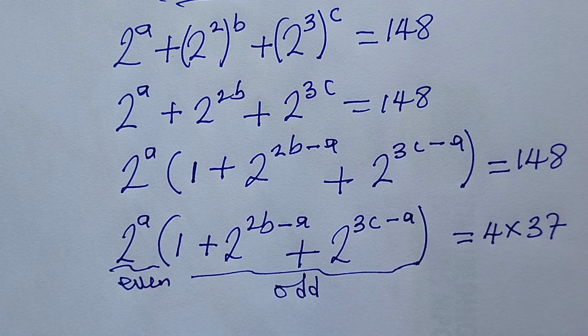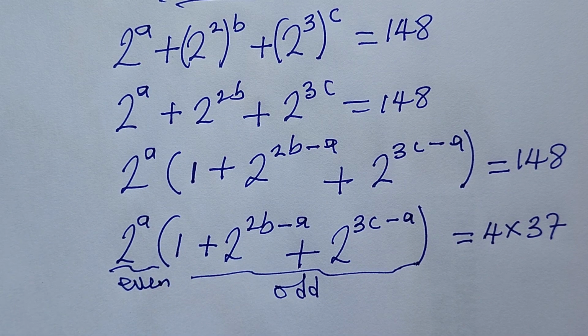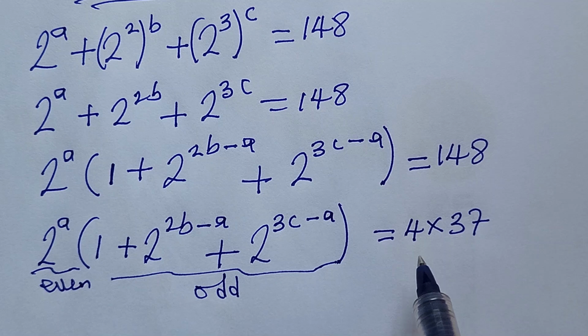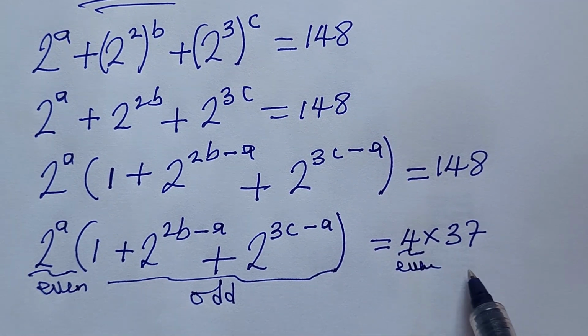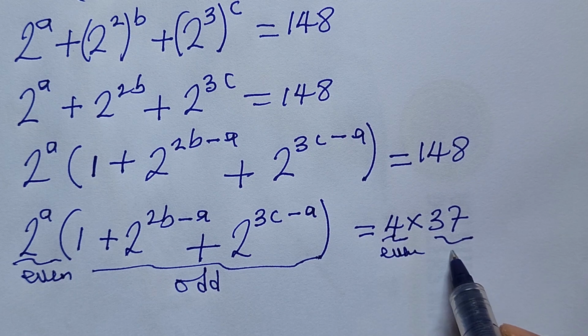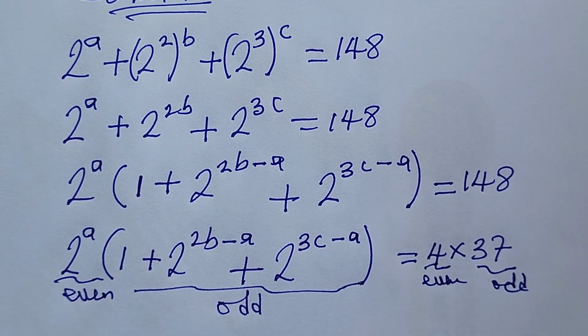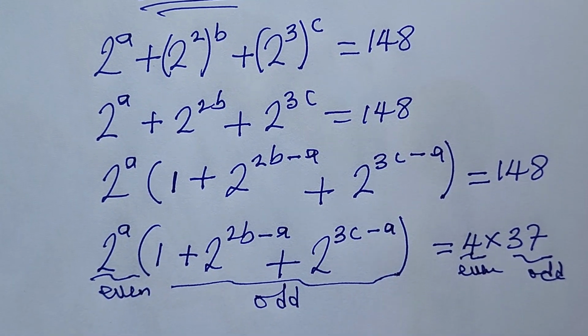So even plus even will give us an even number. But when you add 1 to an even number, it automatically changes it to an odd number. On the right hand side, 4 is an even number, but 37 is odd. So we can equate odd to odd and even to even.